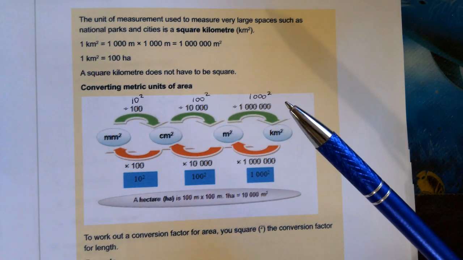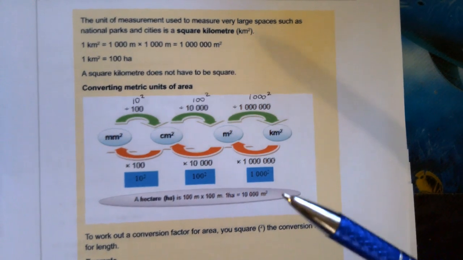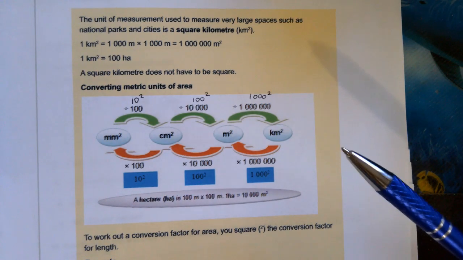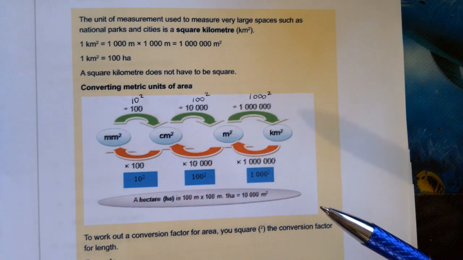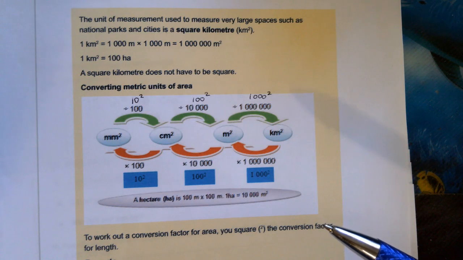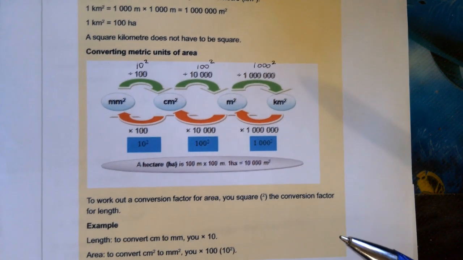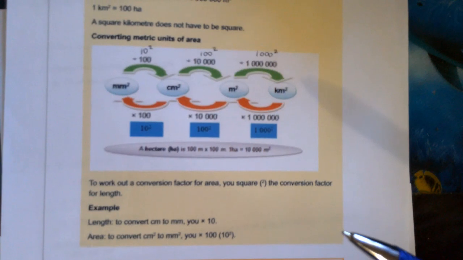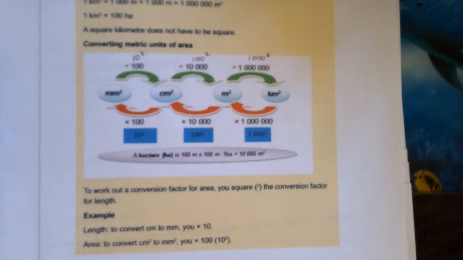Now please remember, if you have squared the units, you need to square the conversion factor. So you don't have to learn these, just remember to square the conversion factors you learnt for length when you're working in area. So a little bit more to copy down the bottom here as well.